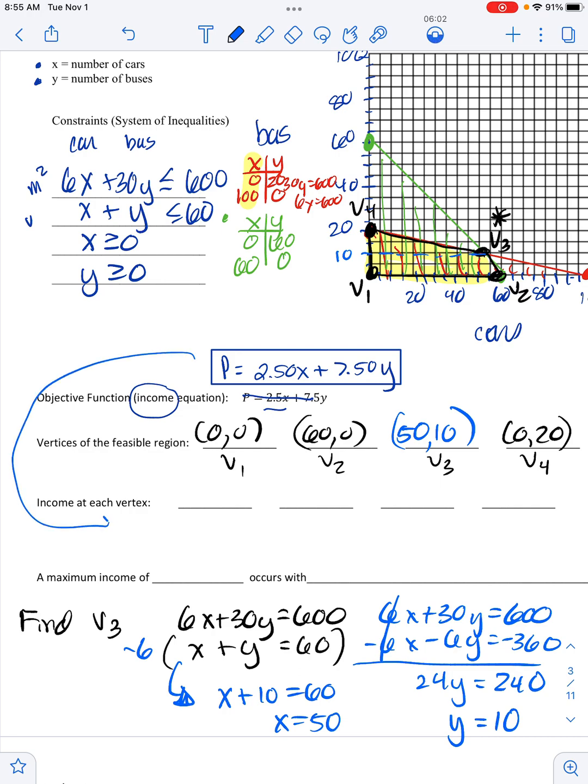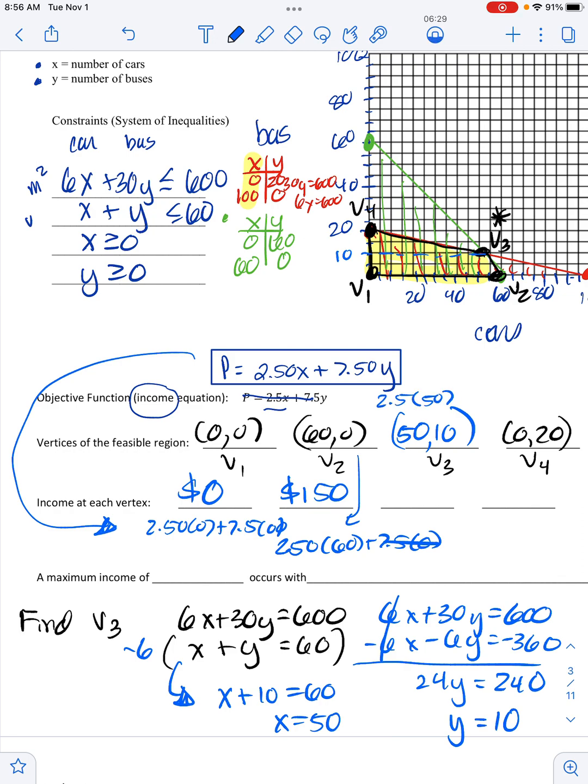Now I finally use my income or profit equation. Plugging in 250 times nothing plus 750 times nothing, I'm surprisingly making $0. When I plug this one in, I'm going to put in my 60 here, and then this one's going to be a 0. So I end up with 150. Here I'm plugging in my 50 for X and my 10 for Y, and I'm getting $200.